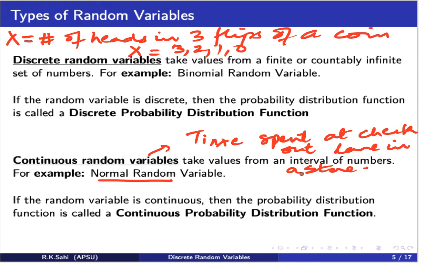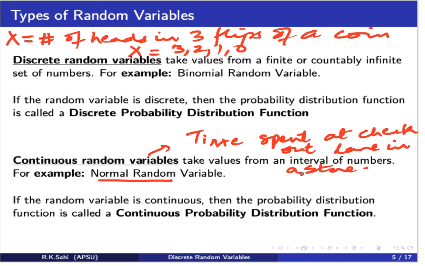I'm just taking a grocery store here. So when you look at the time spent, you say, in this 5-minute interval, 5 people were able to check out, or because of a rush, only 2 people were able to check out in that lane. Those kinds of things are going to be called continuous random variables.